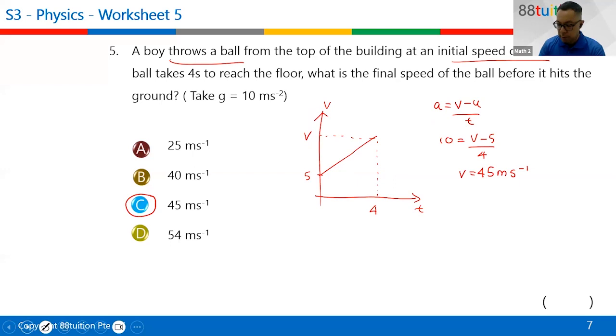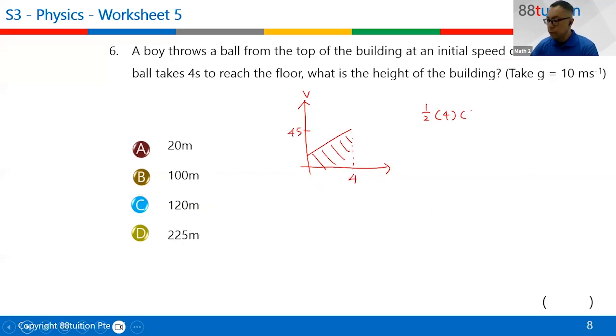Sorry. So half times base times height. But we can't do that anymore because now it is no longer a triangle, it is a trapezium. So it's still 4, but now this is 5, right? Sum of parallel sides. 2 times 50. Answer is 100 meters. Answer B.